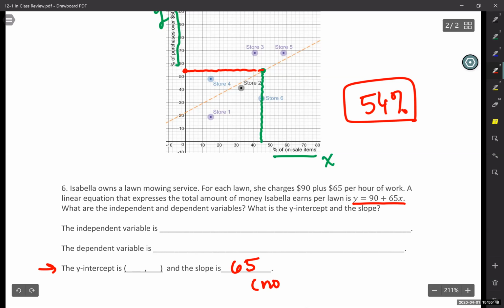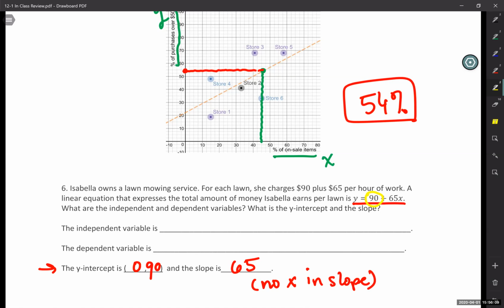There's no x in slope, so just put the number in front of the x, which is 65. Which means the point (0, 90) will be our y-intercept. So 90 right here is the y-coordinate of the y-intercept, and then the 0 is the x part. Okay, so now we have two things going on.